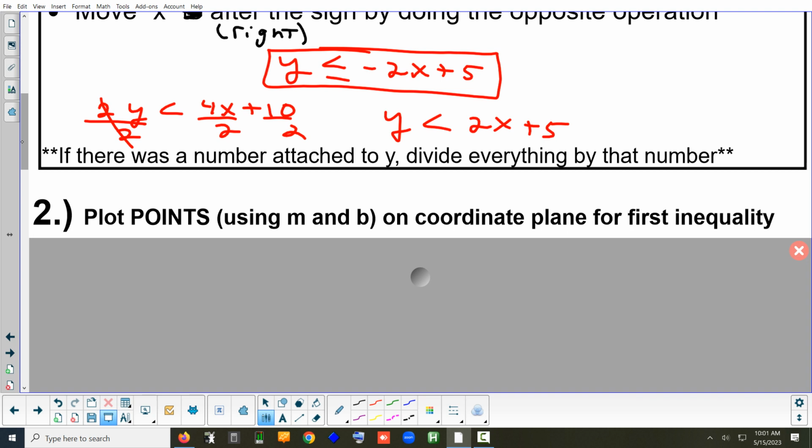It tells you to use the m and the b, but which one would you use first? b. Yep, you'd use the b first.